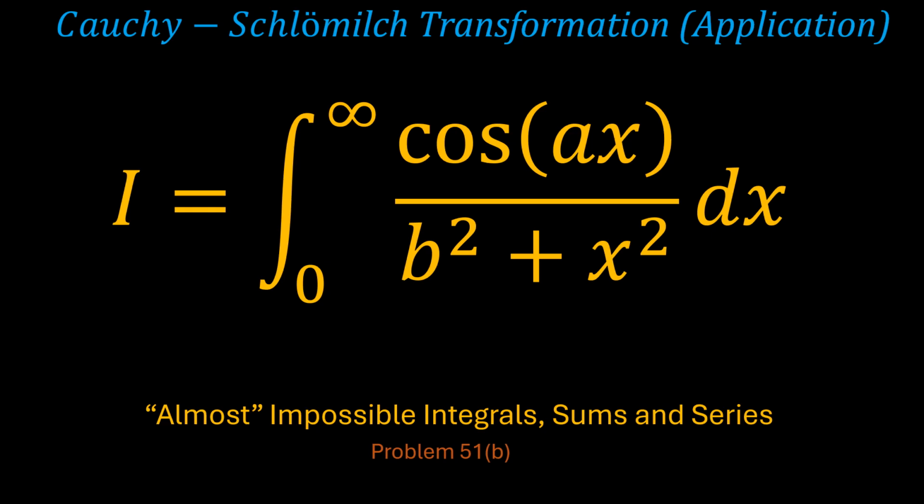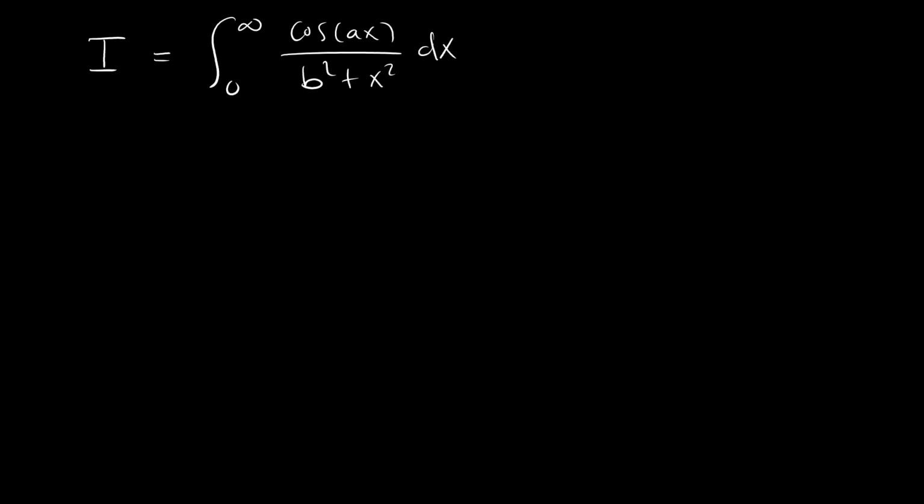So without much ado, we're proceeding to the solution phase of this problem. Our problem is I equals the definite integral from x equals 0 to infinity of cosine of ax over b squared plus x squared. Now we can derive 3 more problems from this problem.